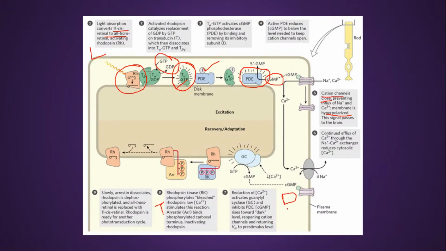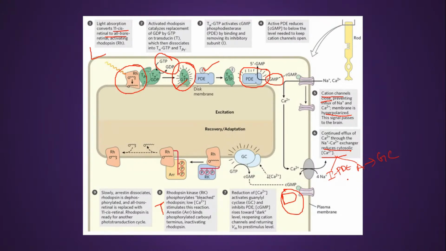So when we are entering into the dark condition, what do we have? Already we have a low calcium level. Now, this low calcium level leads to two conditions. First, it inhibits phosphodiesterase. Second, it activates GC.